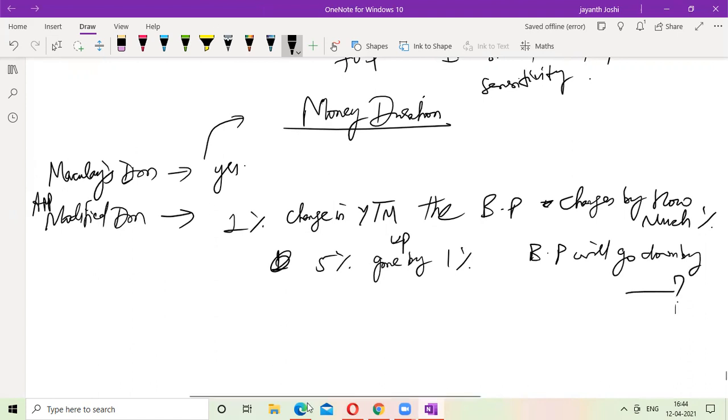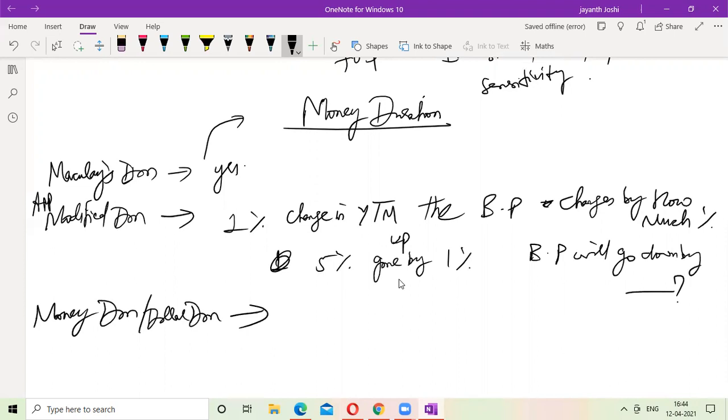Okay, now the next point we are going to discuss is money duration, also called dollar duration. Very simple. This is an even better way to understand the sensitivity in dollar terms, in monetary terms.